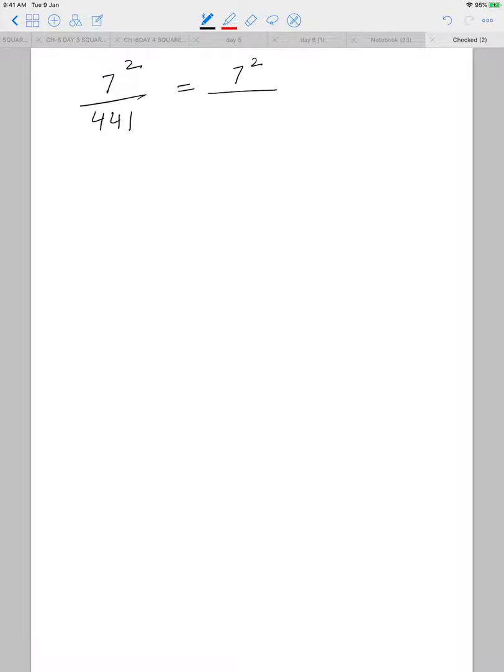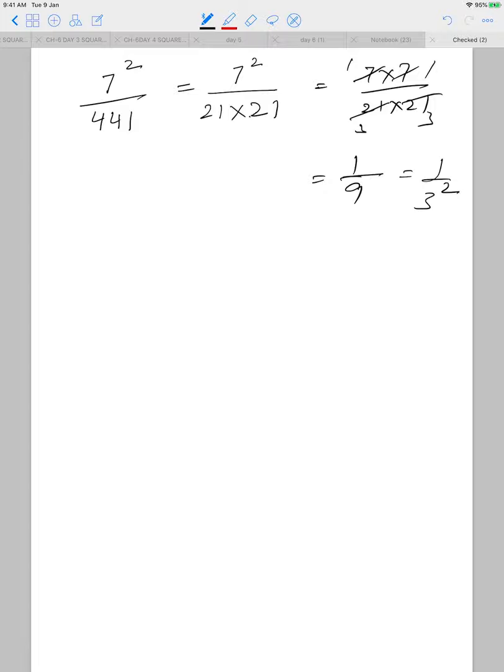You know 441 is a square of 21. So we can immediately write it as 21 into 21. So we get 7 into 7 upon 21 into 21, which gives you 1 upon 9. Now here the prime factorization of the denominator contains factors other than 2 and 5. So it will be a non-terminating repeating decimal.